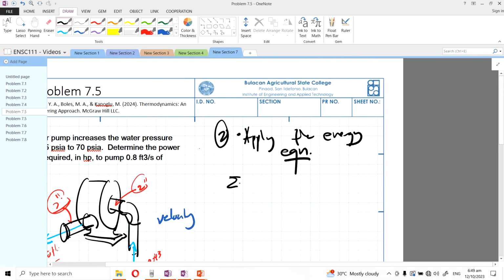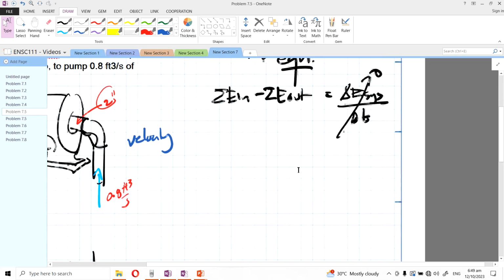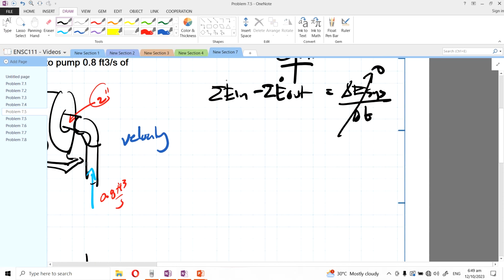Right, so the summation of energy in minus the summation of energy out is equal to the rate of change of energy in the system with respect to time. But since this is steady state, the right side is zero. In rate form, we have a dot here, so we can further simplify the equation into energy in is equal to energy out.